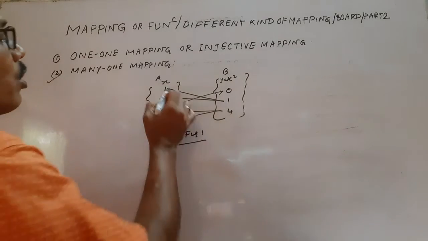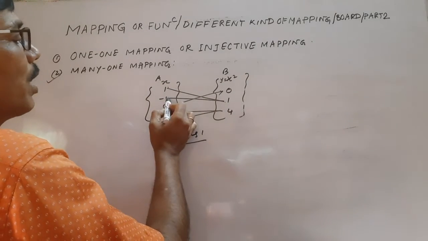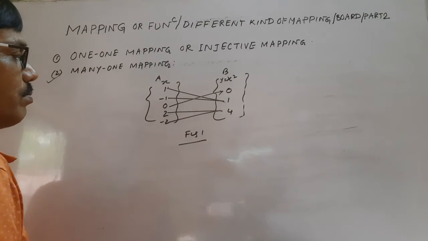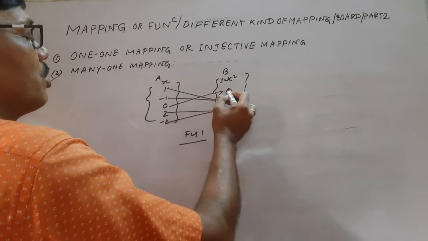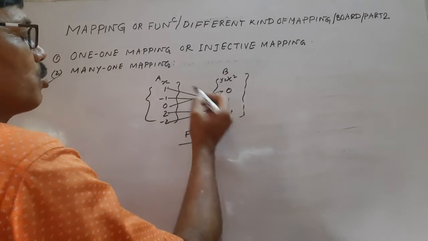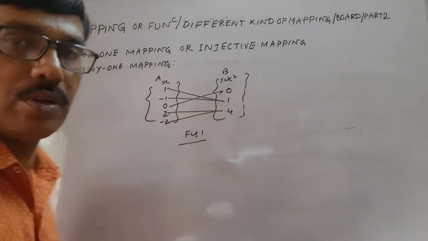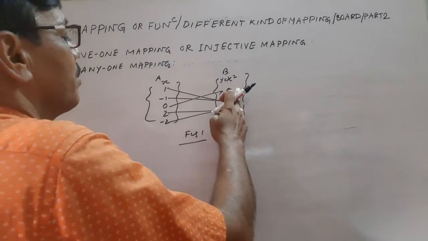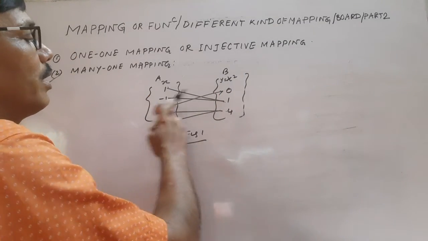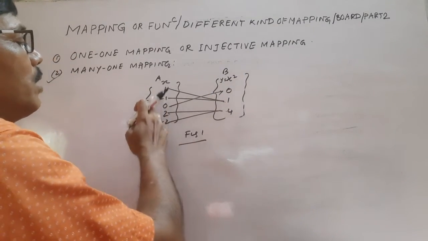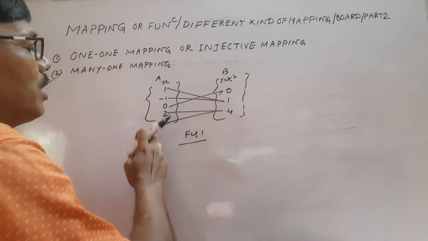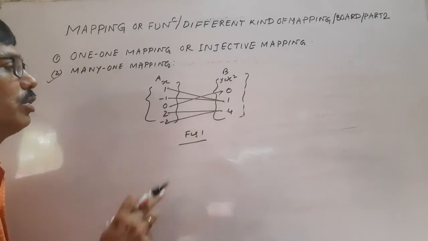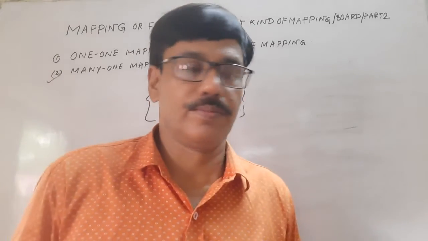So if you take the square of 1, this is 1, square of minus 1 also 1. 0, 0, 2, 4, minus 2 also 4. So two different elements had the same image. Look, two different elements had the same image: 1 and minus 1, 2 and minus 2. So it is many-one.